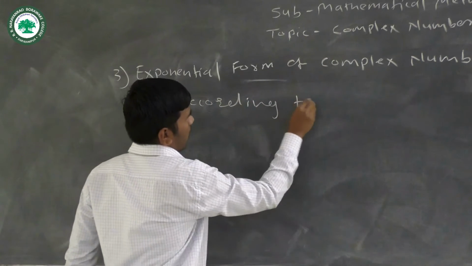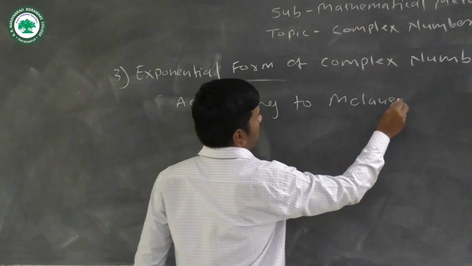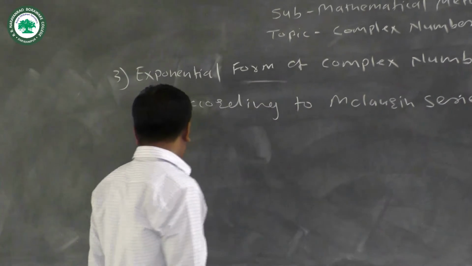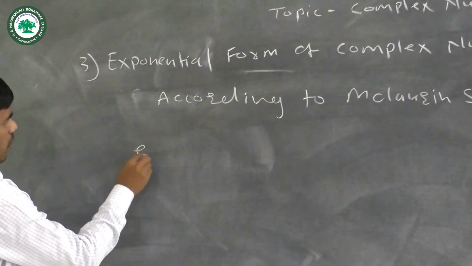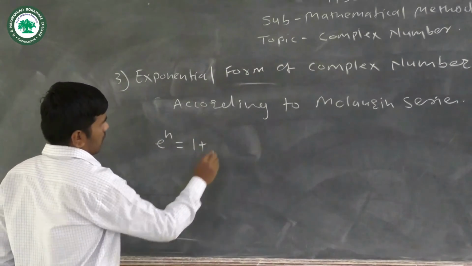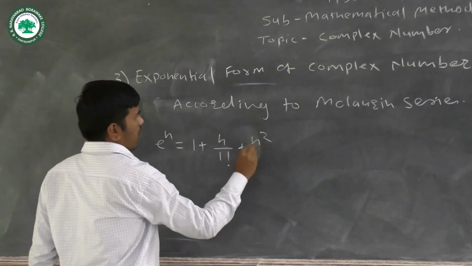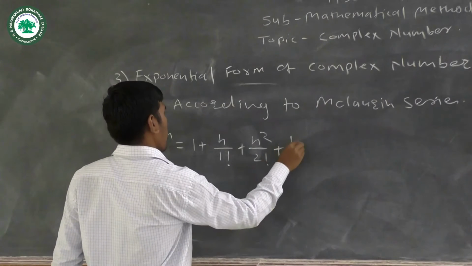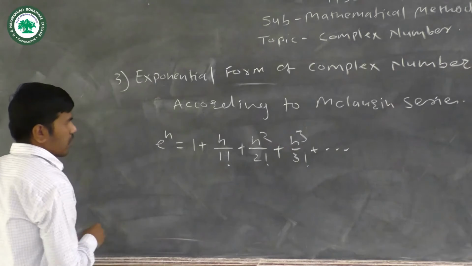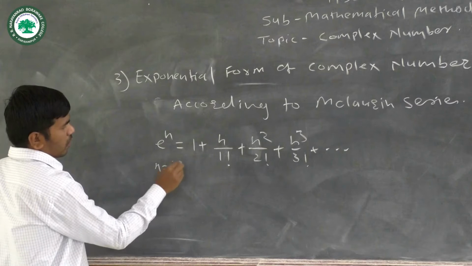According to the Maclaurin series, we know the expansion of e power n is equal to 1 plus n by 1 factorial plus n square by 2 factorial plus n cube by 3 factorial and so on. And here I am replacing n with i theta.